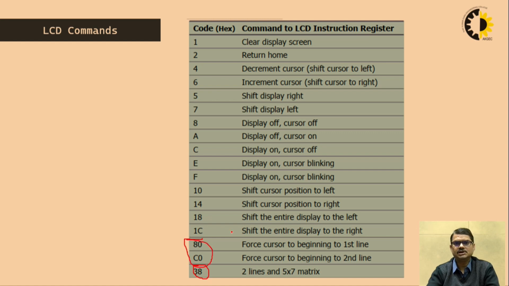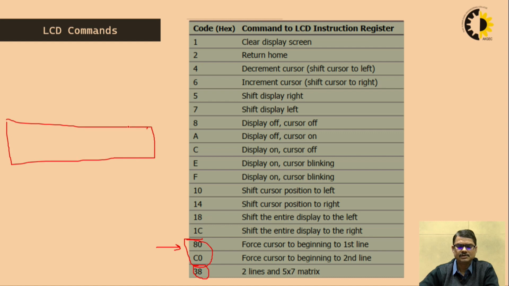Another important thing is the address of both lines, or the address of characters available on both lines. So here are two addresses, 80H and C0H. First we will talk about 80H. If we are drawing one LCD register, this is character 1 position, this is character 2 position, this is character 3 position, and so on.